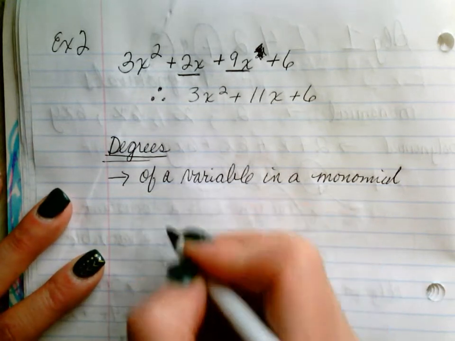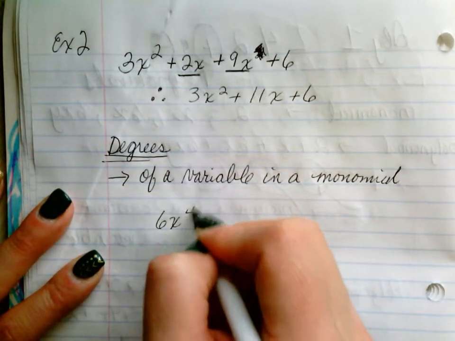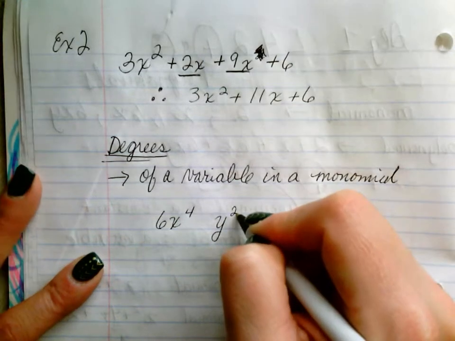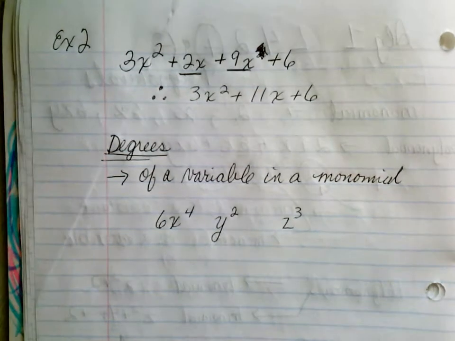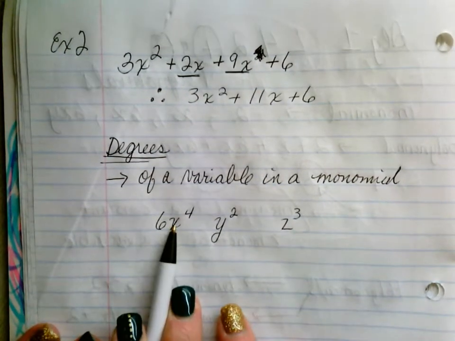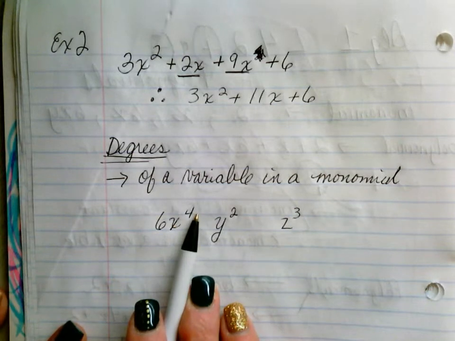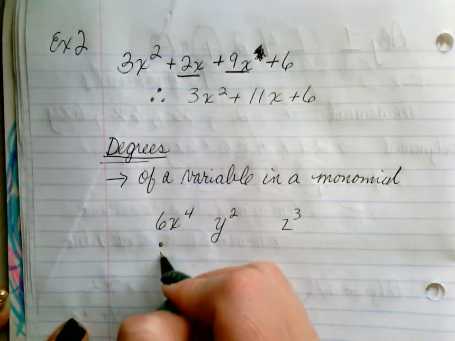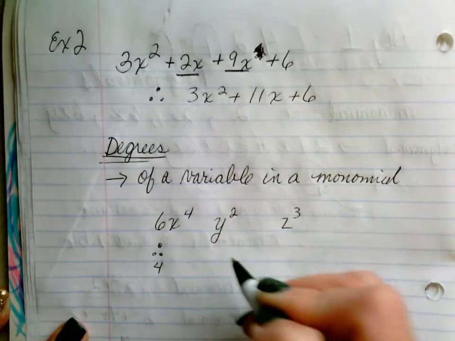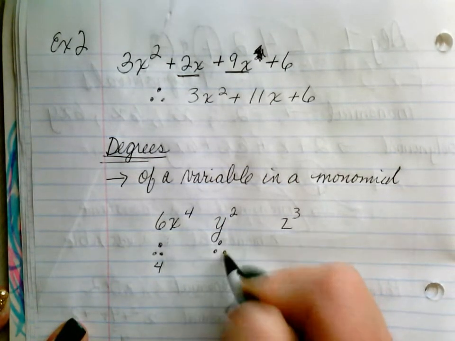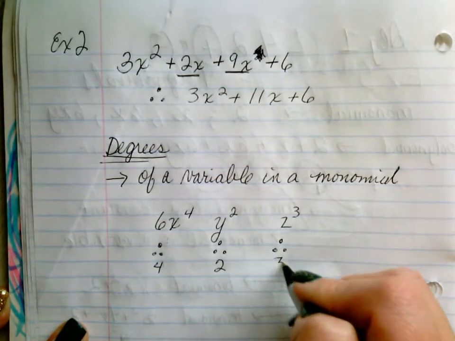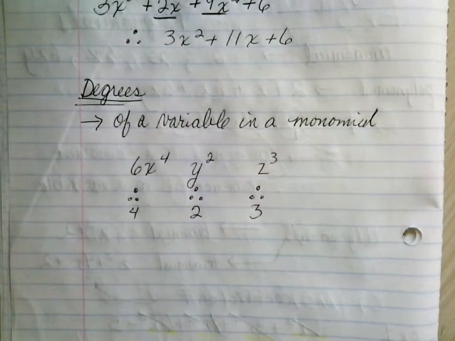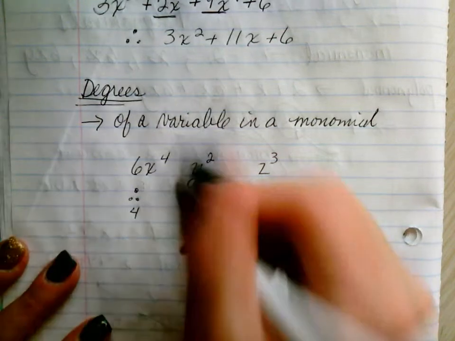Let's say I give you... okay, the degree is driven by the exponent. Okay? 6 has a degree of 4. 6x to the 4th. Y has a degree of 2. Z has a degree of 3. So it is the exponent that tells you what the degree of a single monomial is.